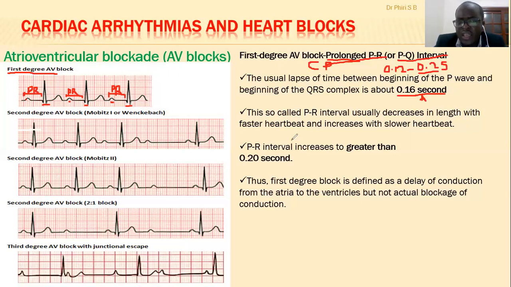So any PR interval greater than 0.2 that is consistent will qualify to be a first degree heart block. Okay, so we are done with the first degree heart block. Let's go to the second degree heart block.